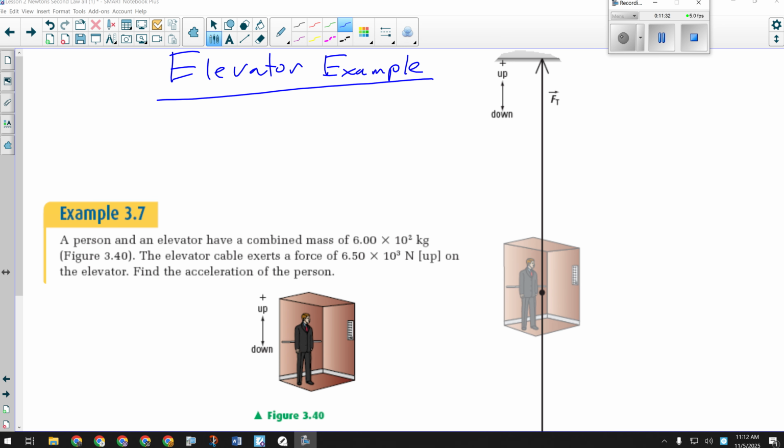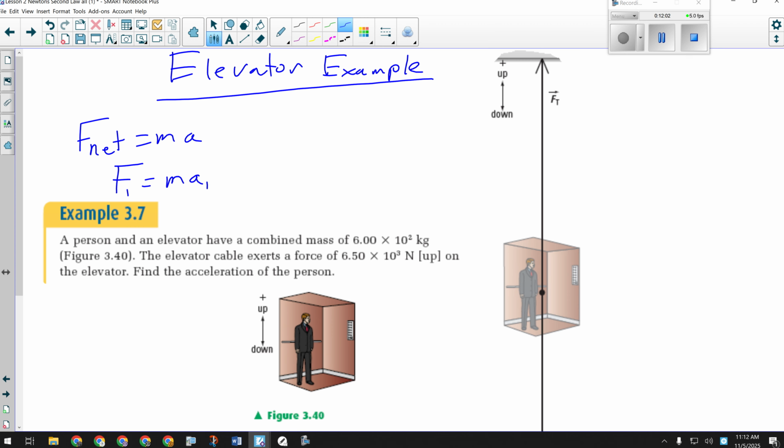The thing with elevator questions is that we are now dealing with individual forces that we need to calculate on their own. So this brings in the idea that if net force is mass times acceleration, any force is mass times the acceleration that that force would produce in isolation.